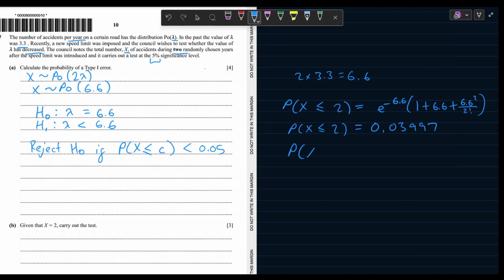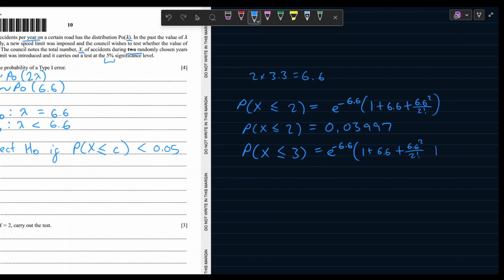So we'll try X less than or equal to 3. That's e to the negative 6.6 times 1 plus 6.6 plus 6.6 squared over 2 factorial plus 6.6 cubed over 3 factorial.